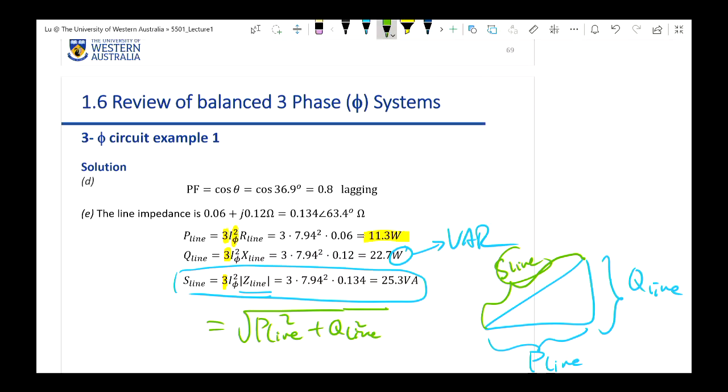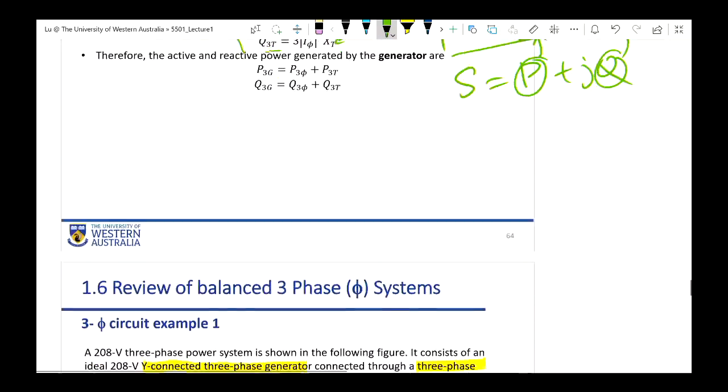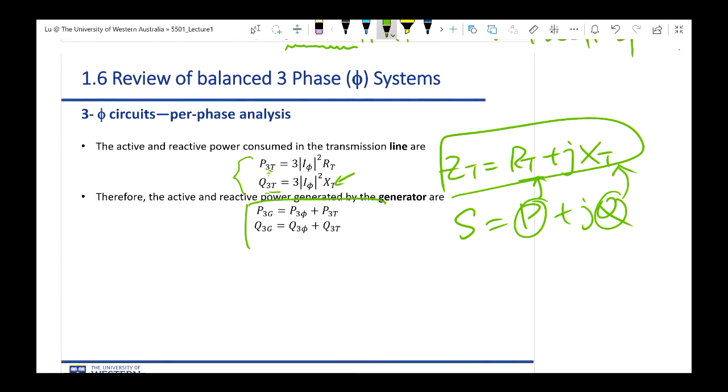Keep going. So 2 small questions left. Part F is asking again for real power, reactive power, apparent power supplied by the generator. Remember what we mentioned in that slide here. If you want to evaluate how much power needs to be provided by the generator, you just need to sum up the power consumed by the load and the power consumed by the transmission cable.